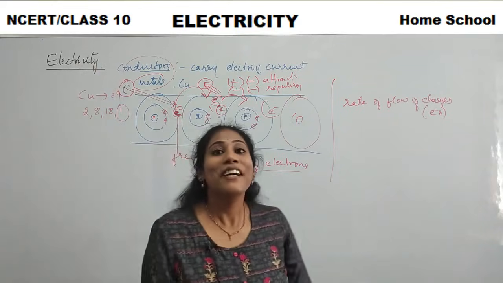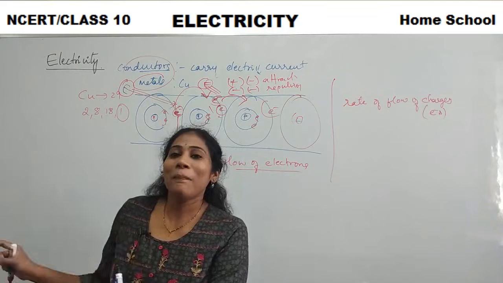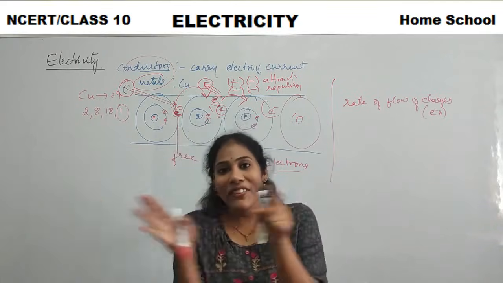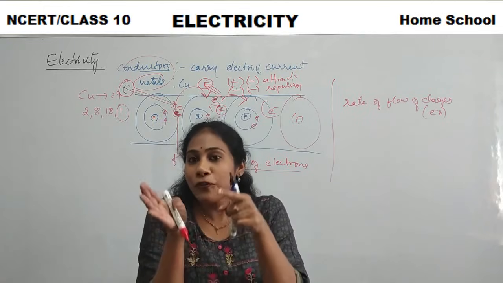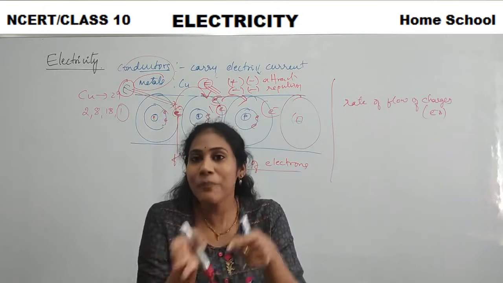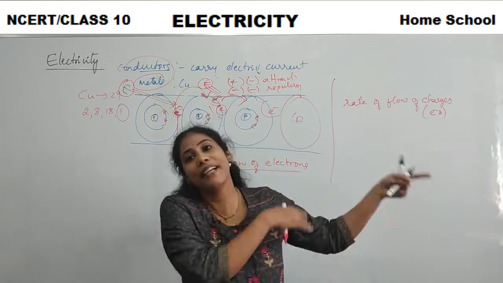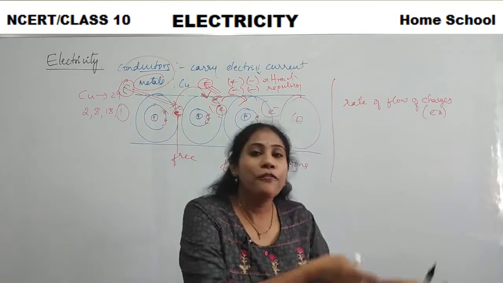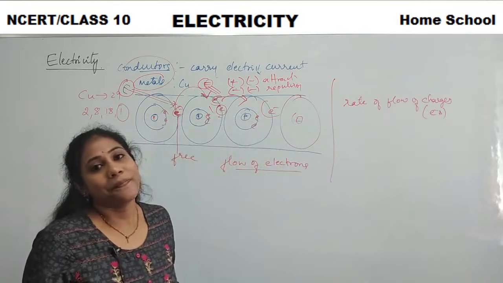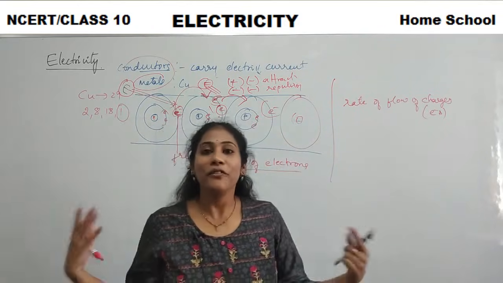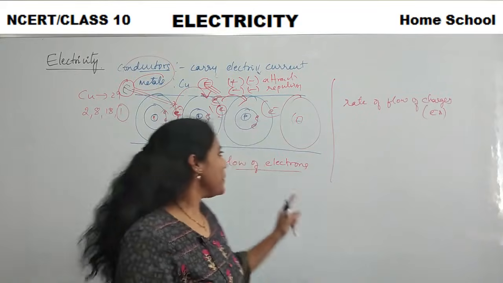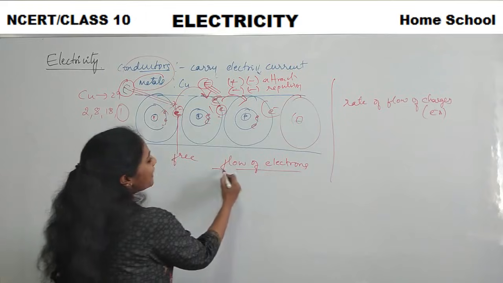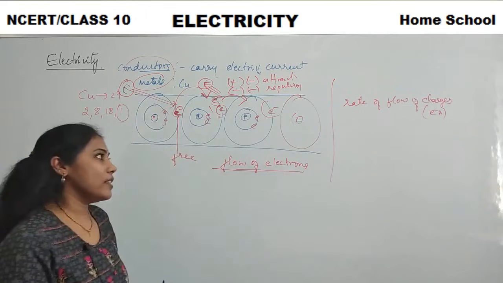So we take the help of certain energy and force the electrons to move from one atom to another, another to another. And this flow of electrons is what we call electric current. Now you understood the meaning of the word flow of electrons.